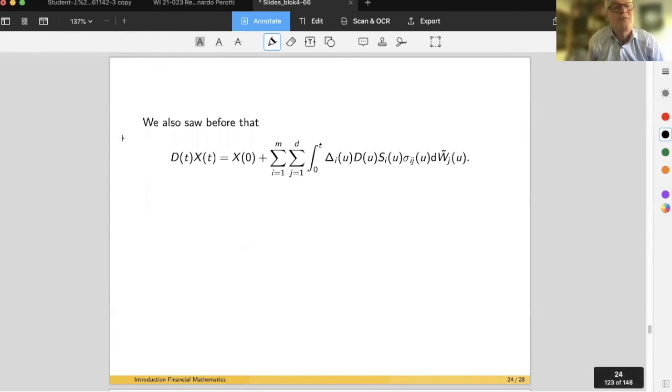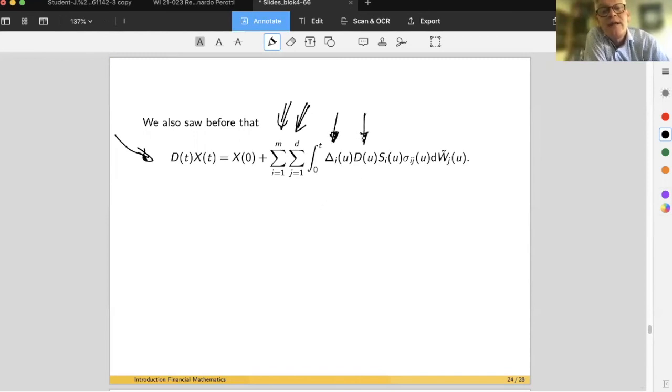The discounted portfolio process could be written as X(0) plus a sum, i runs from 1 to m over the number of stocks, the sum j runs from 1 to d over the number of Brownian motions, and then the integral from 0 to t of delta_i(u), the number of stocks in our portfolio, times the discount at time u, times S_i(u), times sigma_ij(u) dW tilde_j(u).